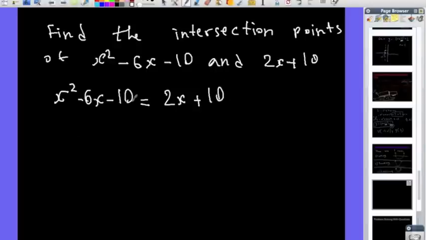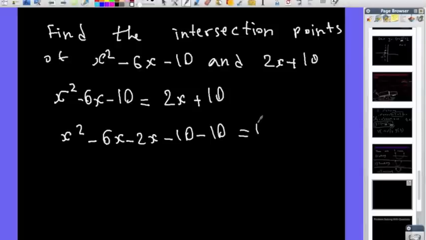And then you rearrange it into one formula, which would be x squared minus 6x minus 2x minus 10 equals 0. So this would be x squared minus 8x minus 20 equals 0.